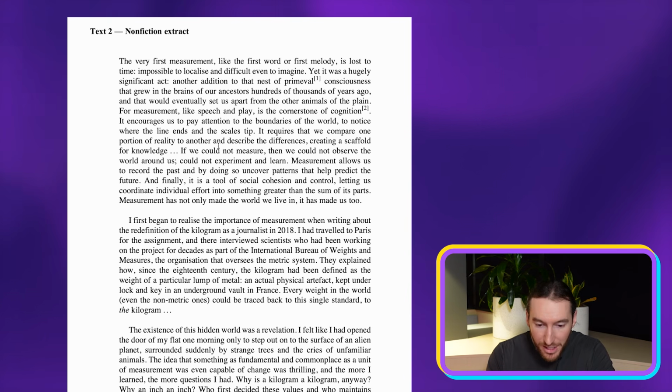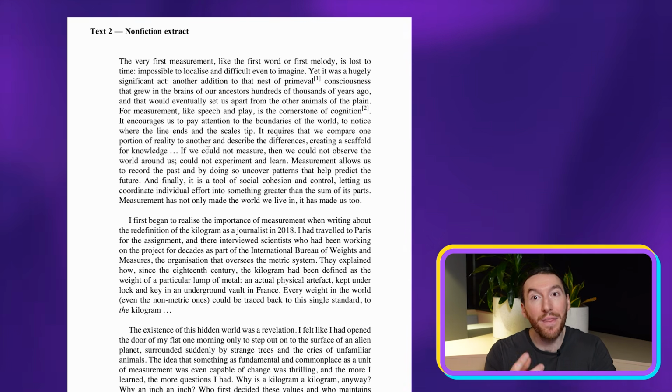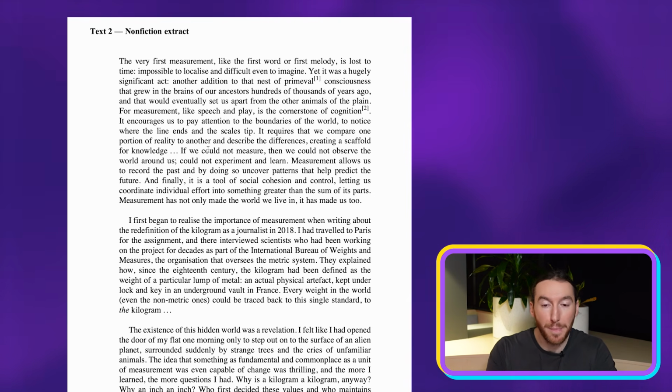Well, here, this stood out to me because it's connecting it to other aspects of the human experience. That measurement is like speech and play. And we all know that speech and play are fundamental. So by creating this analogy to other human experiences that are central, it's saying that measurement, like speech and play, is pivotal to your development.